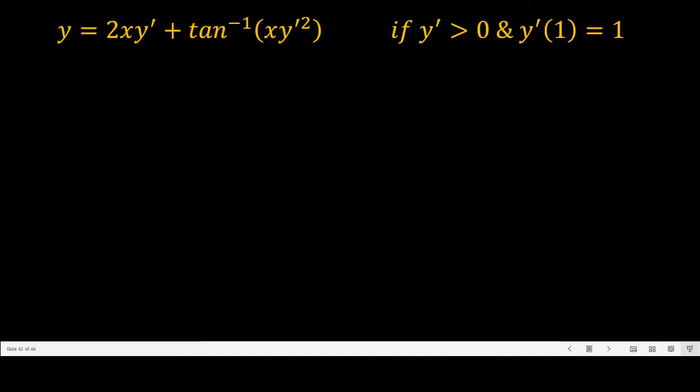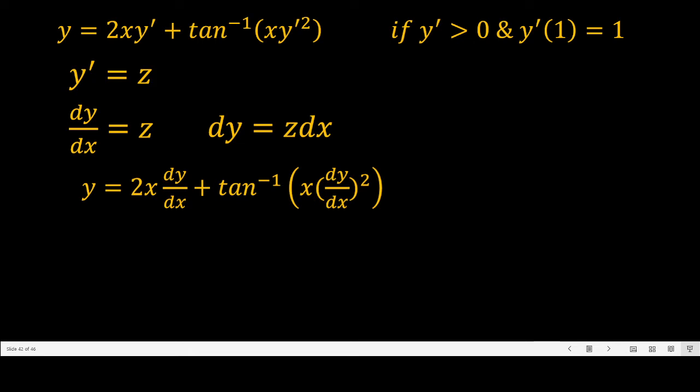So to solve this problem, let's change the variables. We can set y' equal to z, and we know that y' is the derivative of y, so dy over dx equals z, and from that we have dy equals z dx.